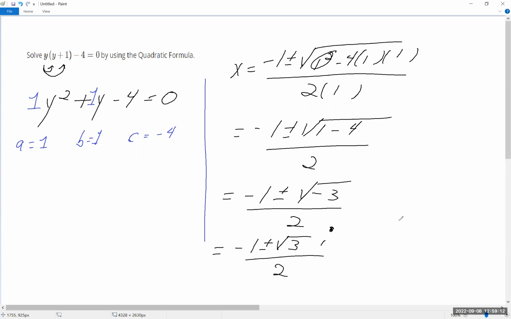Like before, they may want you to break it up into 2 answers. Make sure you put the i on the outside. Sometimes they want you to put the i in the front.